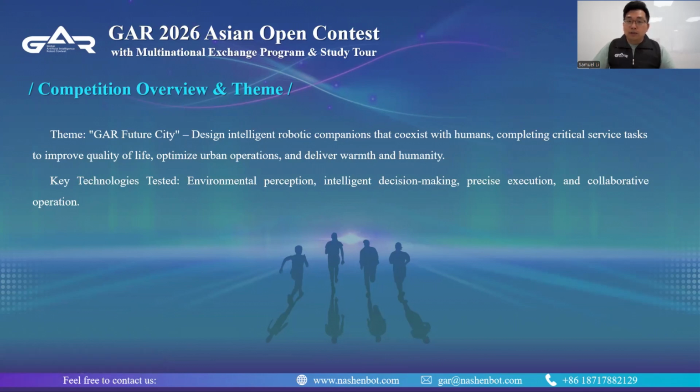Design intelligent robots, companions that coexist with humans, completing critical service tasks to improve quality of life, optimize urban operations, and deliver warmth and humanity. Key technologies tested: environmental perception, intelligent decision-making, process execution, and collaborative operation.